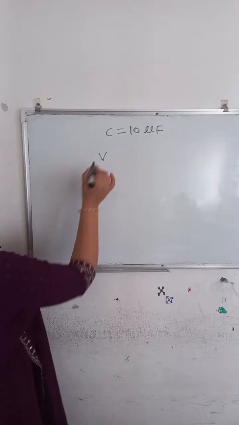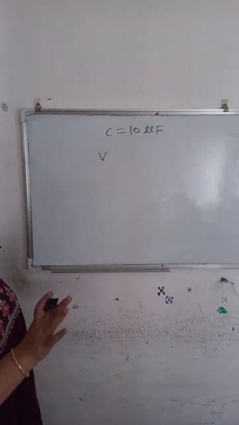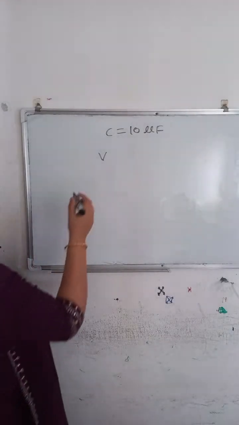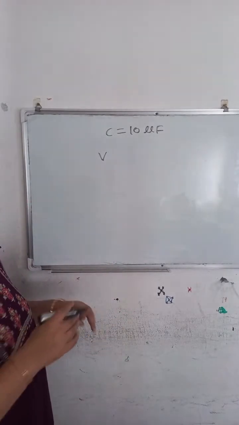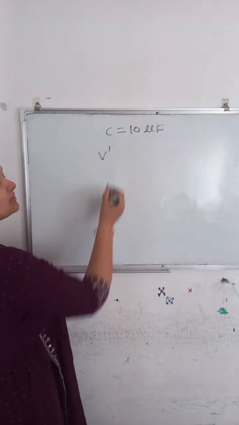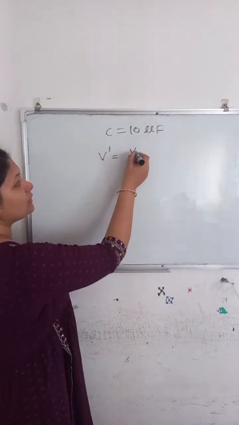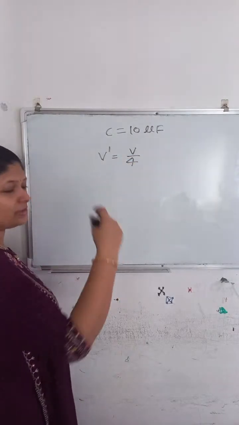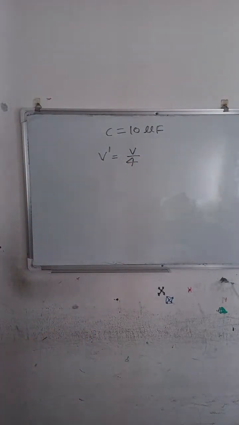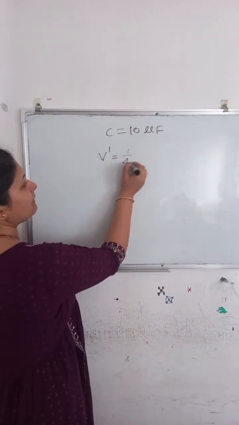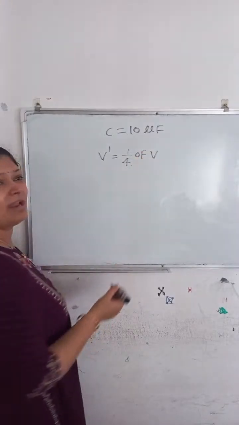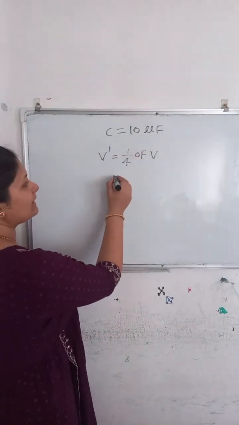Suppose its original potential is V. Whenever you are introducing a dielectric slab in between the parallel plates, the new potential is V dash, and what they are saying is it reduces by 4, means it becomes 1/4 of its original value, correct? 1/4 of the original value means 1/4 of V, and the word 'of' is multiplication.